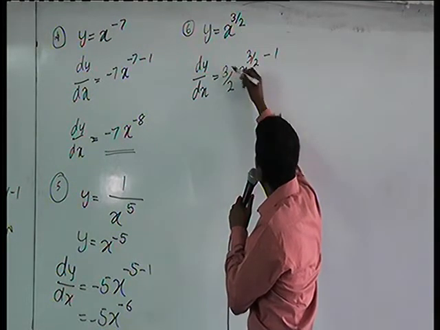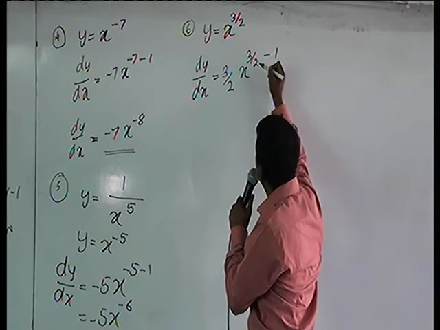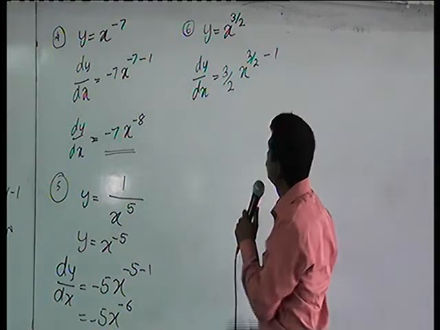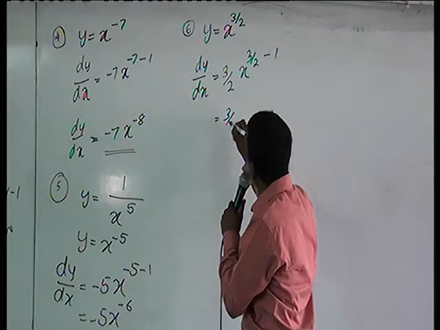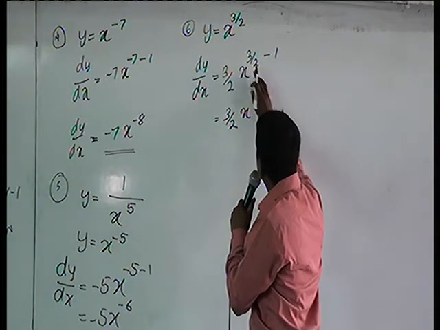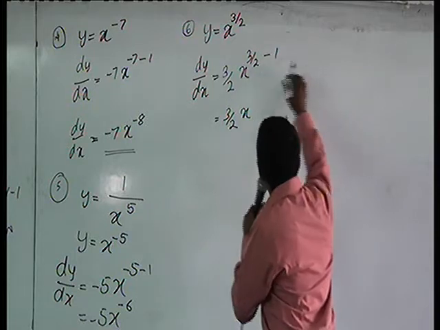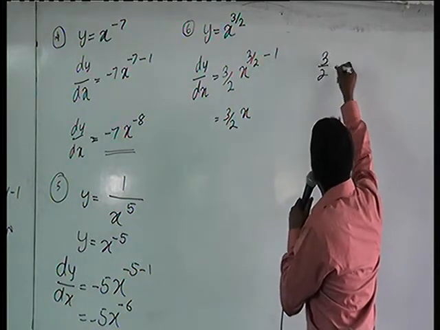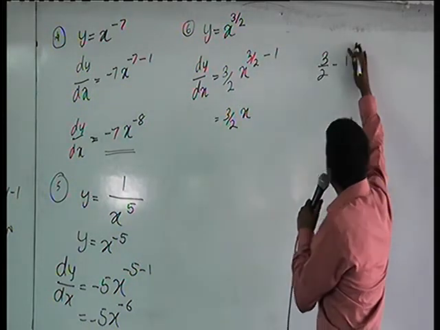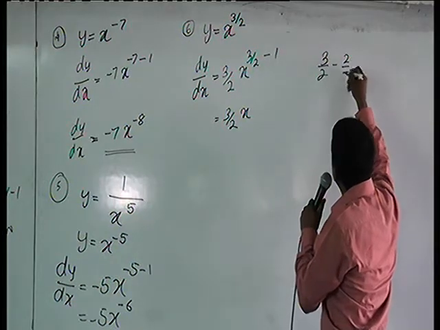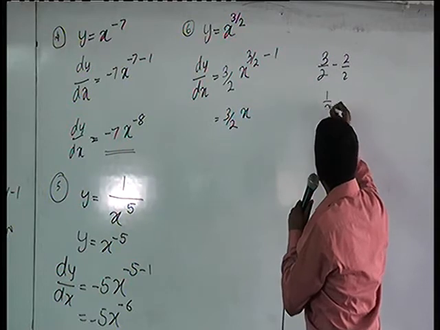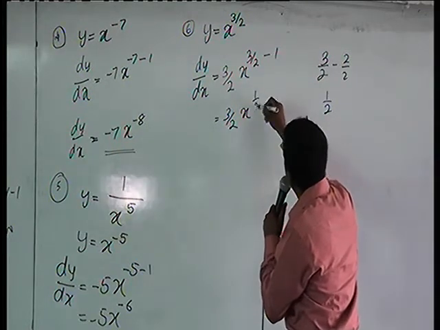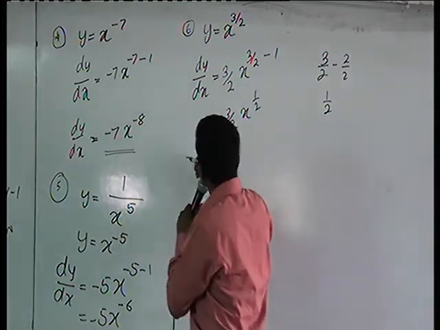So this is equal to 3 over 2 x to the power 3 over 2 minus 1. Here 3 over 2 minus 1: 1 means 2 divided by 2, because I want to make it a common denominator. So 1 over 2 is the answer. So x to the power 1 over 2.